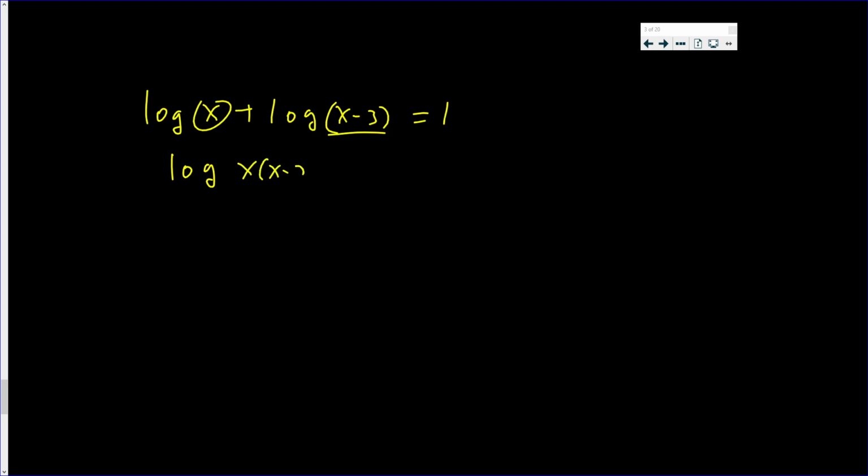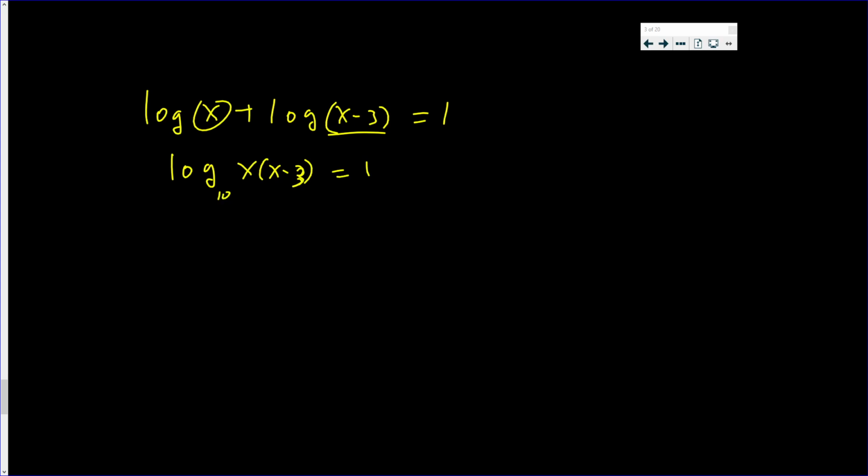You can get erroneous answers. Suppose you have log x plus log (x minus 3) is equal to 1. Now, there's two ways of doing this. This is log a plus log b, so it's log of ab, equal to 1.